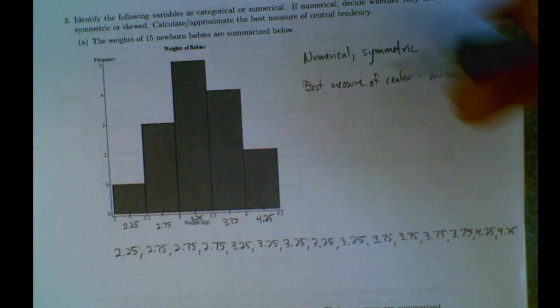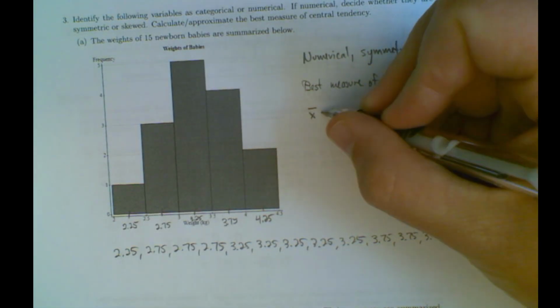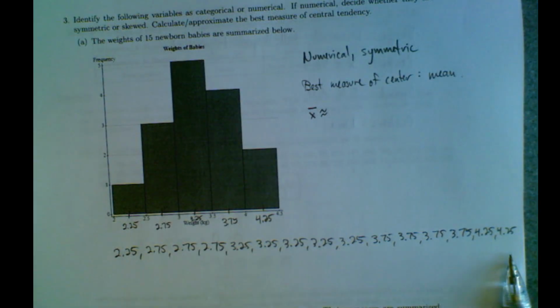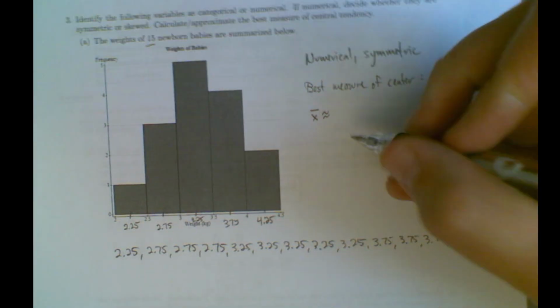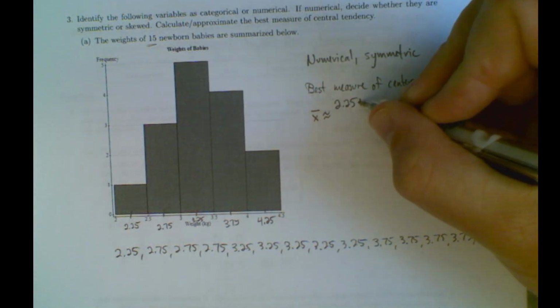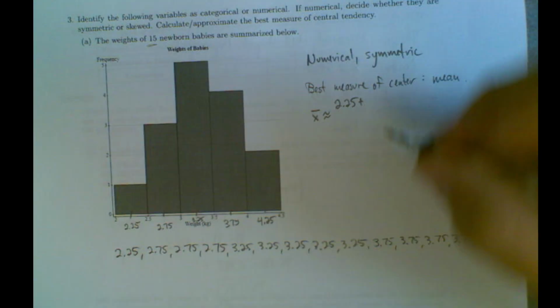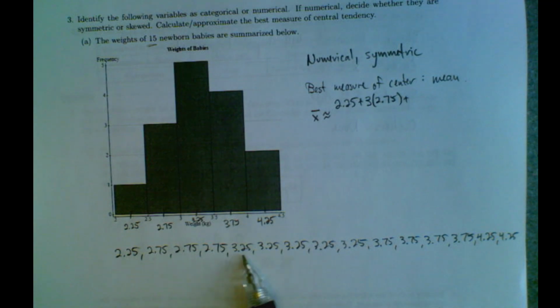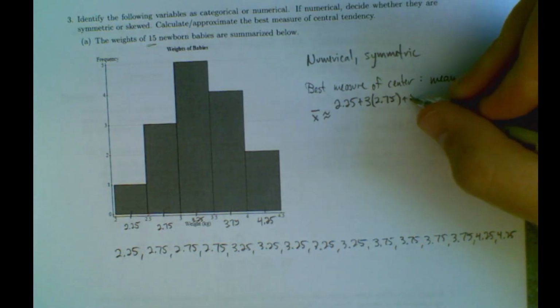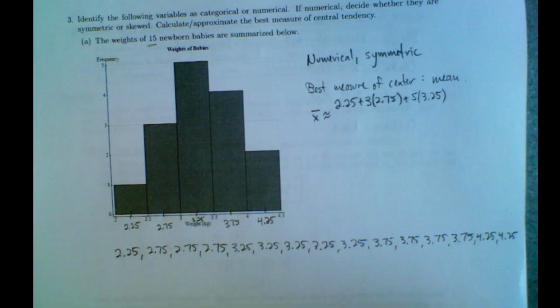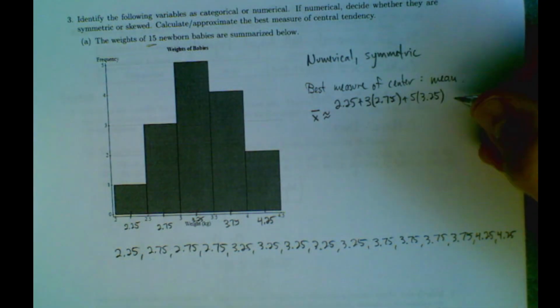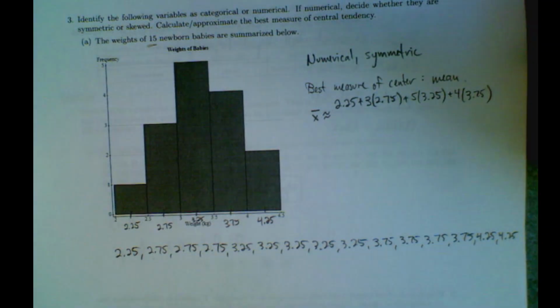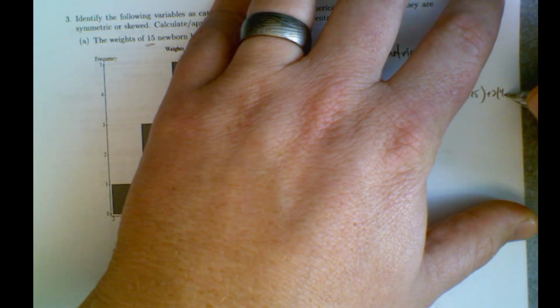To give an estimate for the mean, we could just say that it's going to be the sum of these numbers divided by the number of these numbers, which I think is 15. So we would say it's 2.25 plus 3 times 2.75 plus 5 times 3.25 plus 4 times 3.75 plus 2 times 4.25.